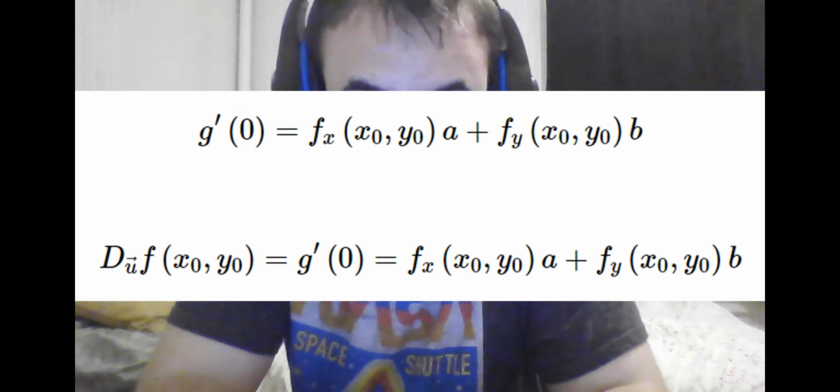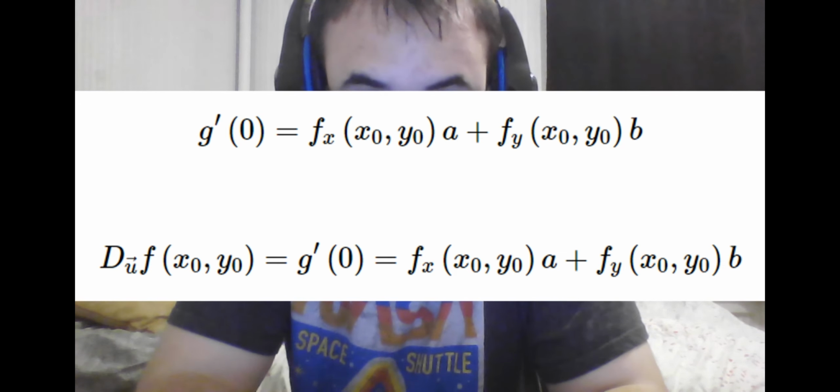If we have a function with 3 inputs instead, we would simply add the partial derivative of the third variable times the change of the third variable over the change in the output w.